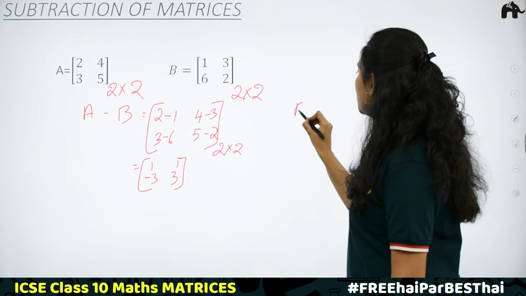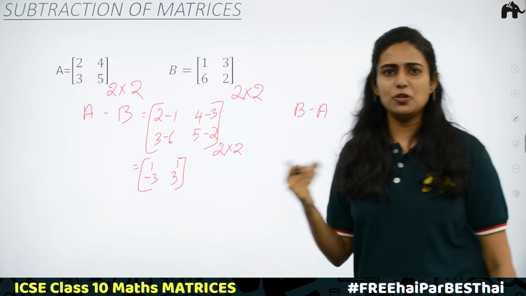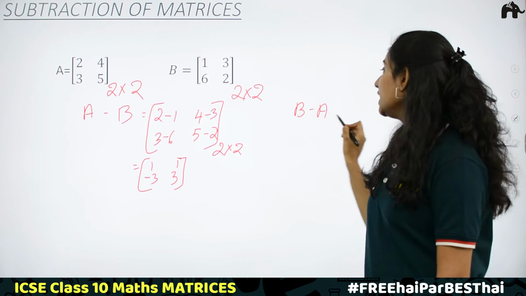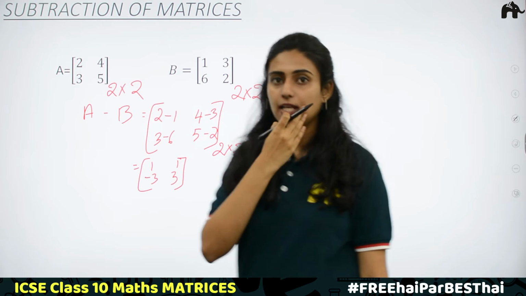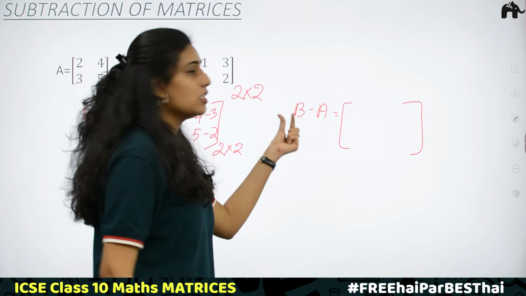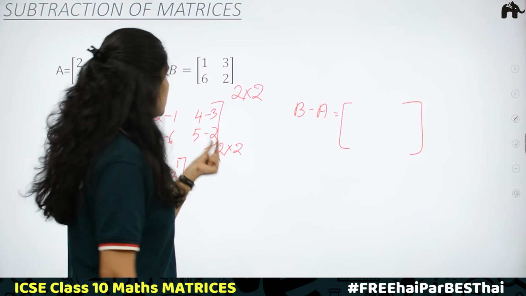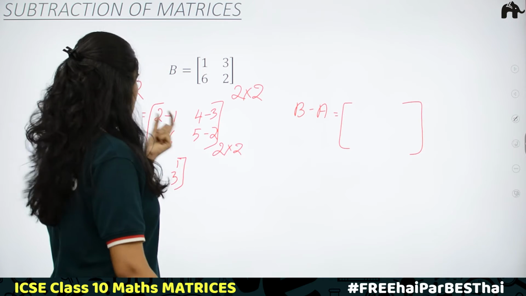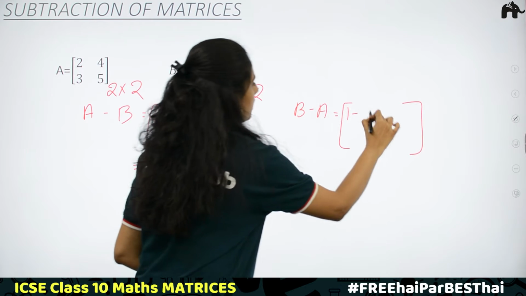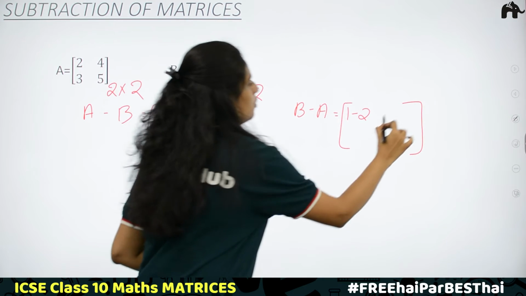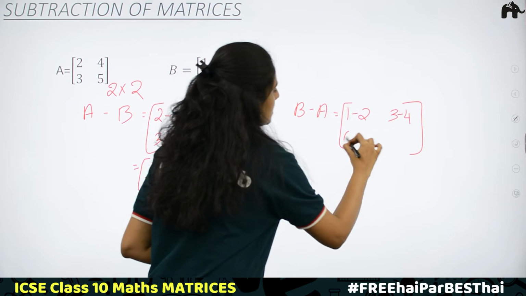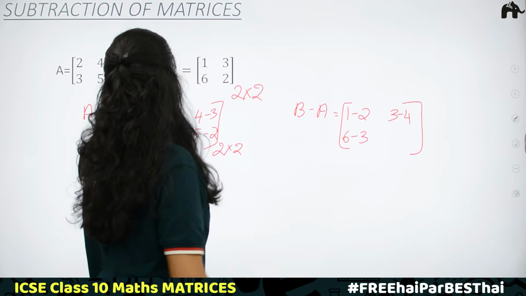Next, to find B minus A. If you add two matrices, A plus B and B plus A will be equal. But let's do B minus A. What about B minus A? We have to take the elements of B and subtract the elements of A from B. That is here, 1 minus 2, 3 minus 4, then 6 minus 3 and 2 minus 5.